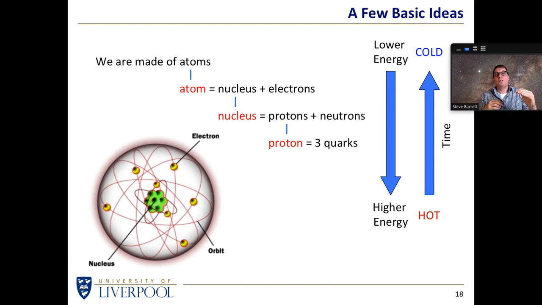Only when the universe has got cold enough will it be possible for quarks to make a proton. Only a little bit later, when the universe has got colder still, will it be possible for protons and neutrons to make a nucleus. Only later, when the universe is colder still, will it be possible for a nucleus and electrons to make atoms, and then atoms make molecules.